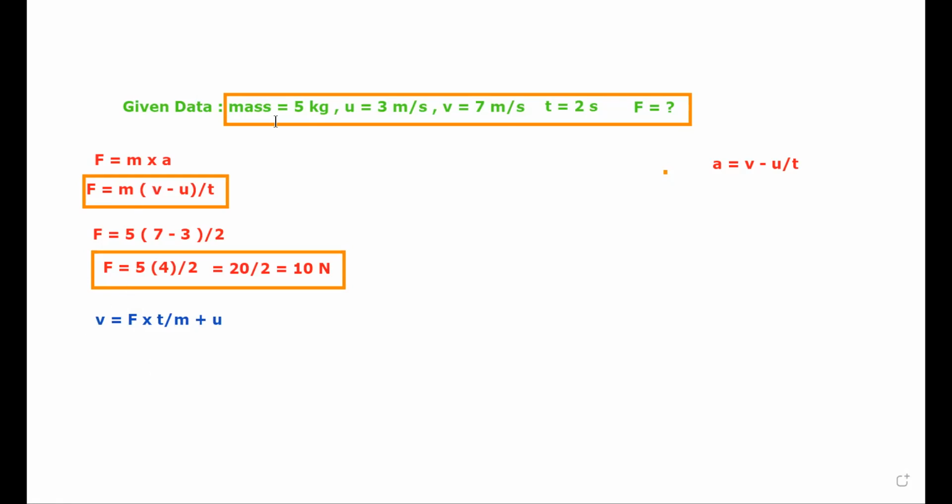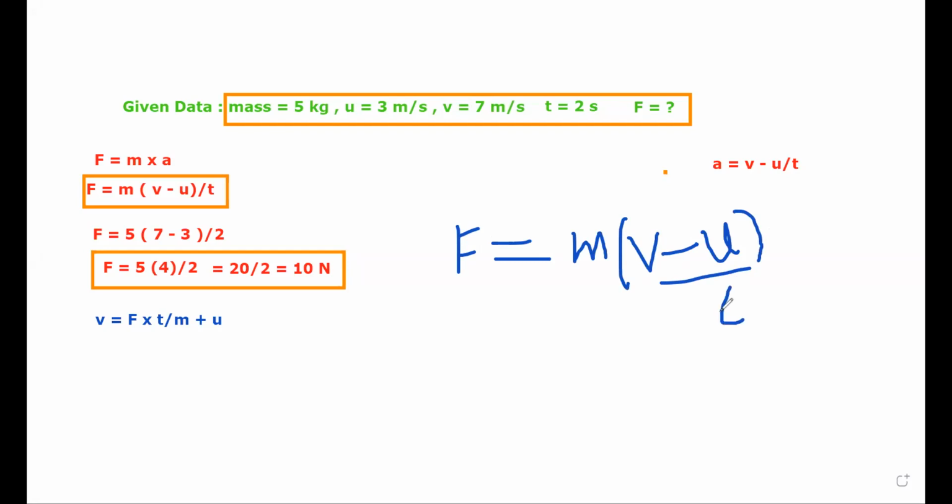So v will be here, I can write it here. So this is the equation, right? So here is the equation, that is F is equal to m into (v minus u) divided by t, isn't it? So from this I need to get the equation for final velocity v. For that I can send this t to the LHS side, which is initially in the denominator.